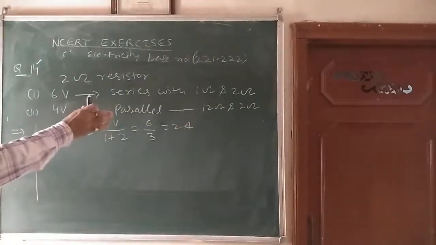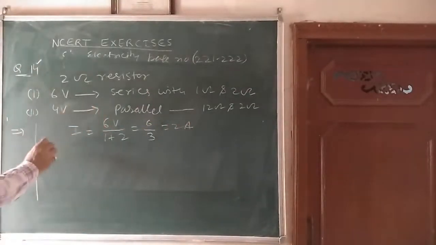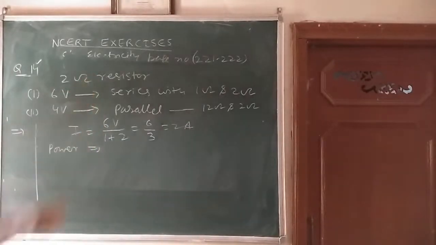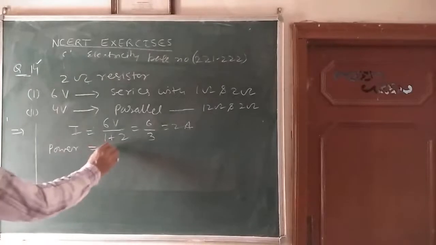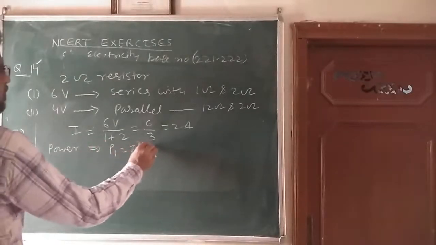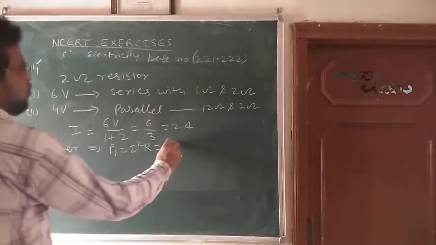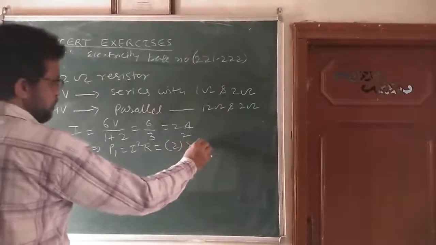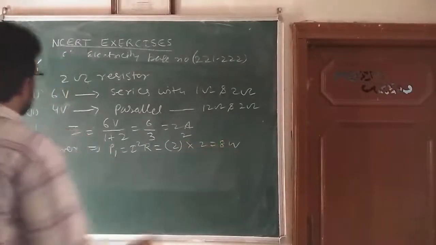Current here is 2 ampere. The power used in the 2 ohm resistor would be I square R, that is say P1. I square, 2 squared, and the resistance value given is 2 ohm, so that is 8 watt.